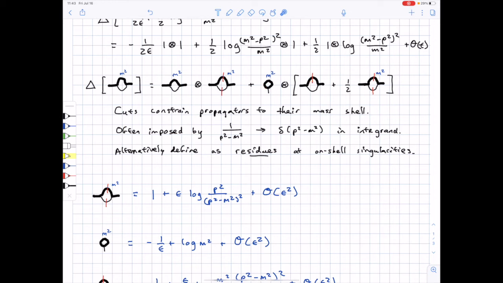It is also cut in the other term, and an additional propagator has been cut. And this term with a factor of 1/2 sort of goes along with this, which is why it's been placed in brackets, in a sense that we'll see shortly. We can call this a deformation term, and it's related to singularities at infinity in the loop integral.